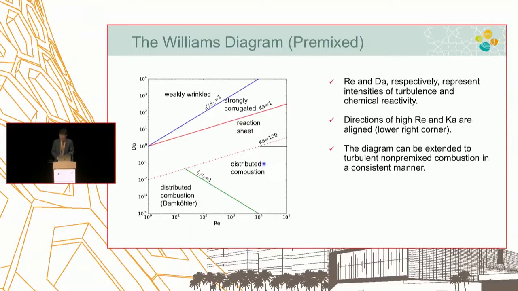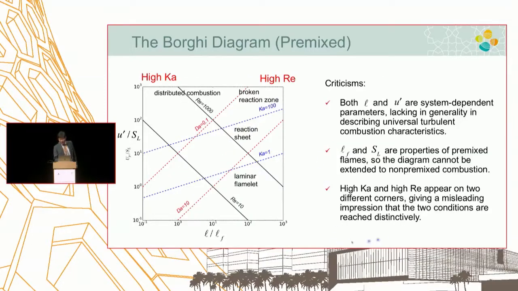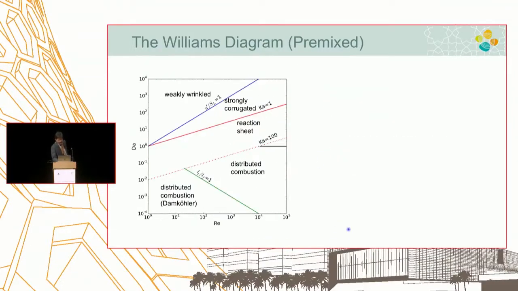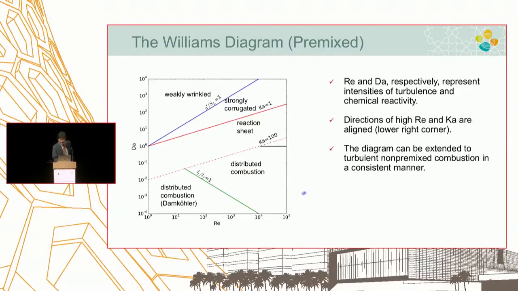In my opinion, the Reynolds-Damkohler number diagram is a really nice representation of our combustion and turbulence characteristics, and I think we should use that as an independent axis. And back to my third point here, on this axis, the high Reynolds and high Karlovitz number, where is the Karlovitz number direction? Increasing Karlovitz number goes that way, Reynolds number goes that way.